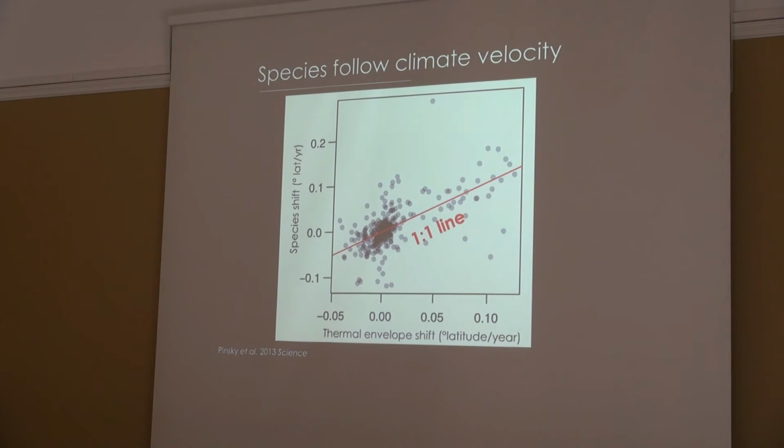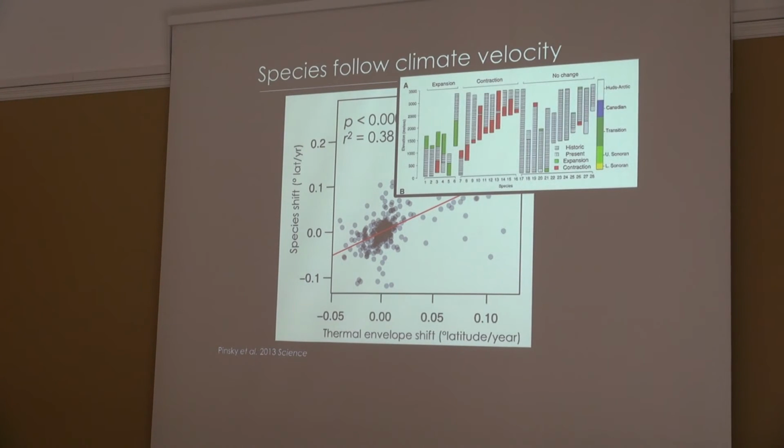That would be if they followed the climate velocity perfectly, which obviously they don't. There's a lot of interesting scatter around that. But we can explain close to 40% of the variation in this variability among taxa based on this one factor, climate velocity, which I think is really interesting. It suggests, yes, there's a lot of variability among species. We know this has been really tricky to understand.